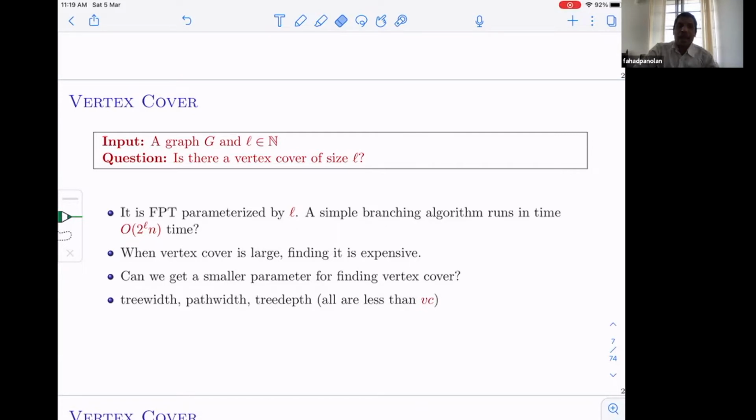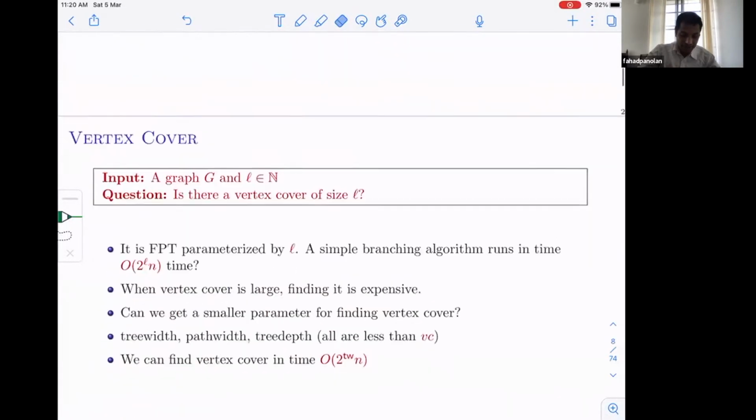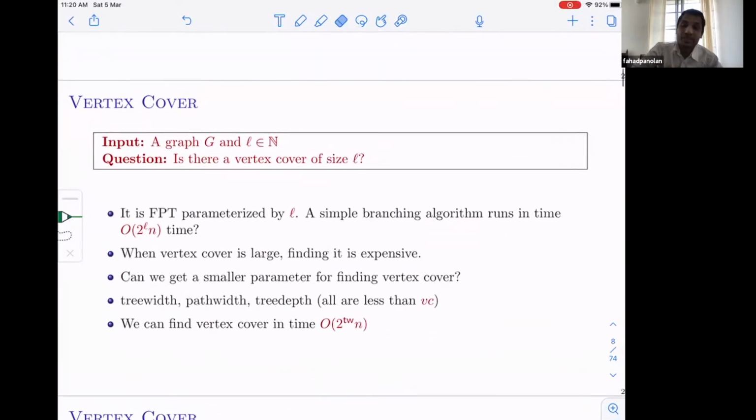A standard dynamic programming algorithm will give you an algorithm for finding vertex cover in time 2 to the tree width times n. So if your vertex cover number is much larger, but your tree width is small, then still you will be able to find a vertex cover.